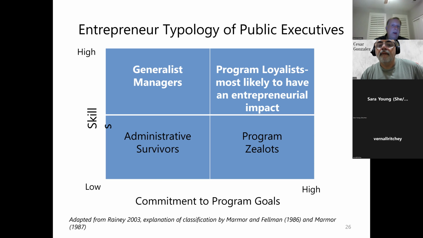If you have a leader who's very committed to program or organizational goals, but is low on the skill level, those are what Anthony Downs refers to as the zealots in his bureau ideologies. And so this would be your zealot type of person. The ideal situation, the entrepreneurial box to be in, is those leaders who are committed to the goals of the program and the organization, and have the skills to achieve those goals. Those are your more entrepreneurial leaders.